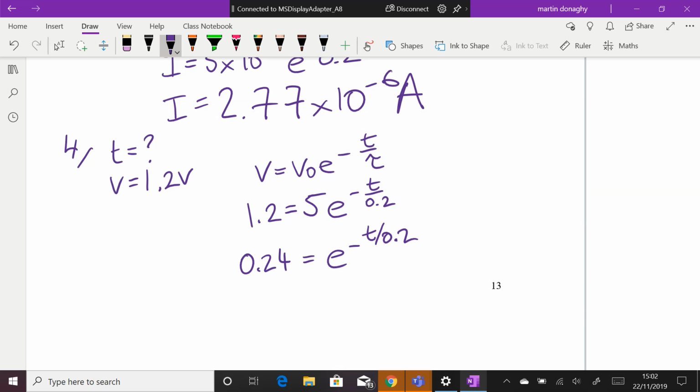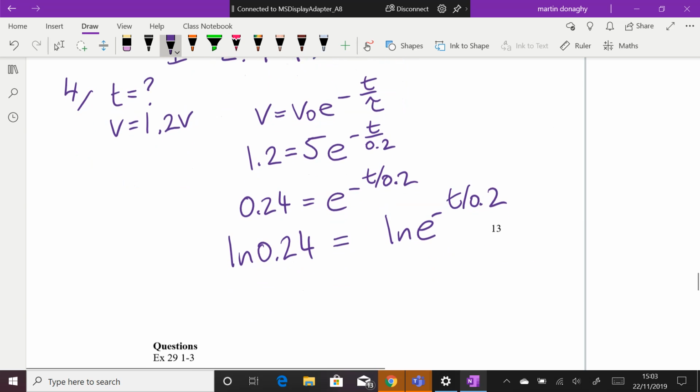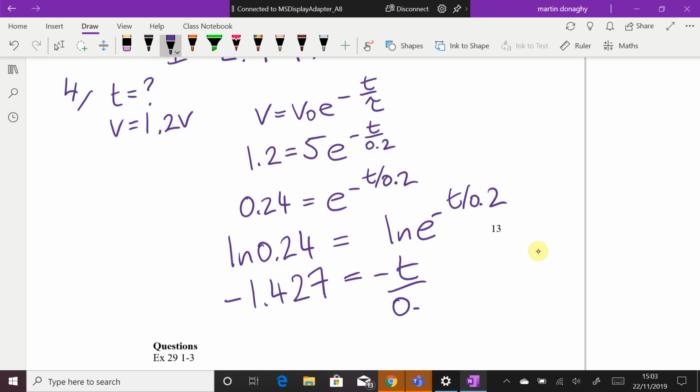What's our next step then? Take natural logs. Okay, so we take a natural log of this side and a natural log of the other side. Natural log of 0.24 is minus 1.427. We take the index in front of the log, which will give us minus t over 0.2 equals natural log e.